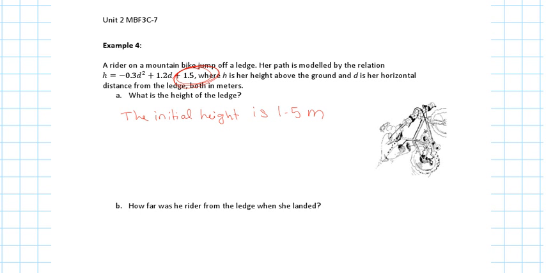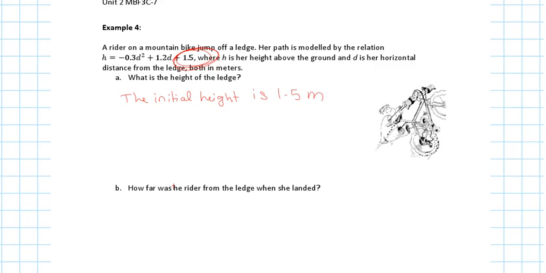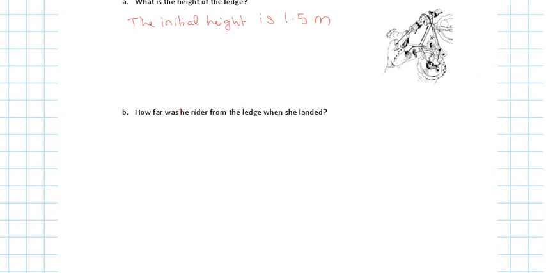Now, because they're asking me how far the rider was from the ledge when she landed, I'm looking at the x-intercept. So this is what's happening. That's the ledge. She's jumping up, and then she's going to land somewhere away from the ledge. I want to know where she lands. What form am I looking at?